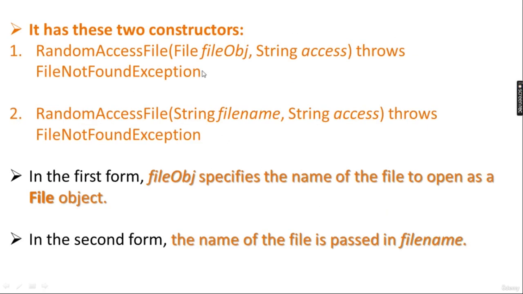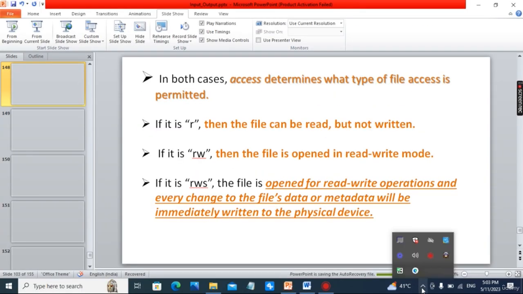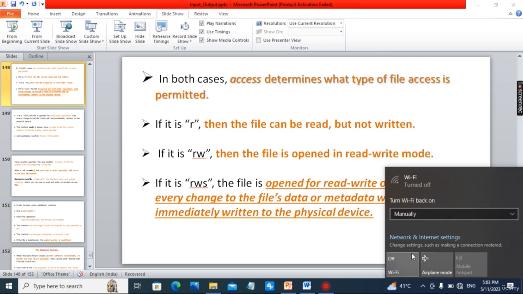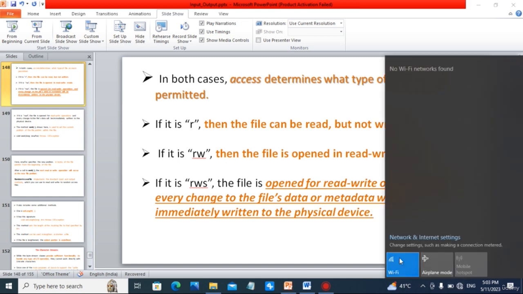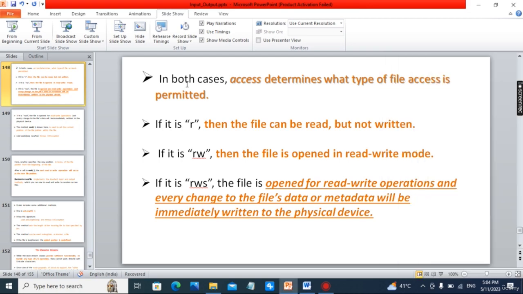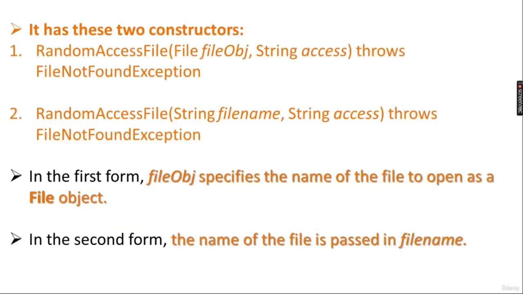Two constructors: RandomAccessFile(File fileObj, String access) throws FileNotFoundException, and RandomAccessFile(String filename, String access) throws FileNotFoundException.